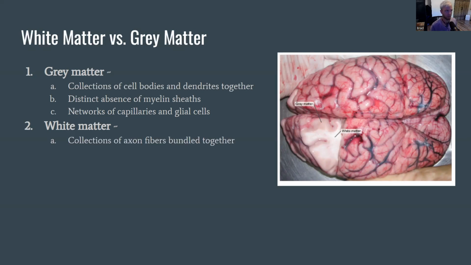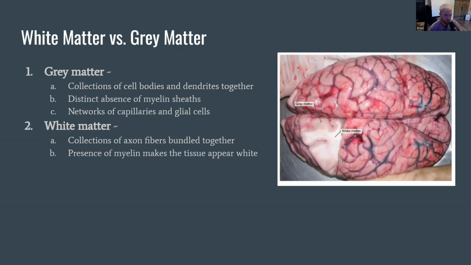And with white matter, you're going to have all of these axons that have myelin sheaths bundled together. It'd be like if you were to walk into the network room of a building, you would see a ton of bundles of wires all running through similar conduits. That's what the white matter is like. It's the bundles of conduits that are carrying the nerve signals away from the cell bodies.